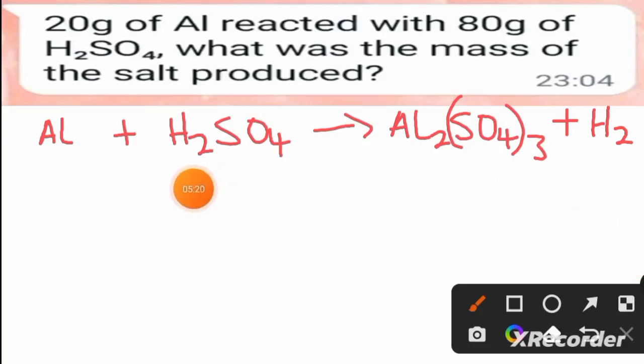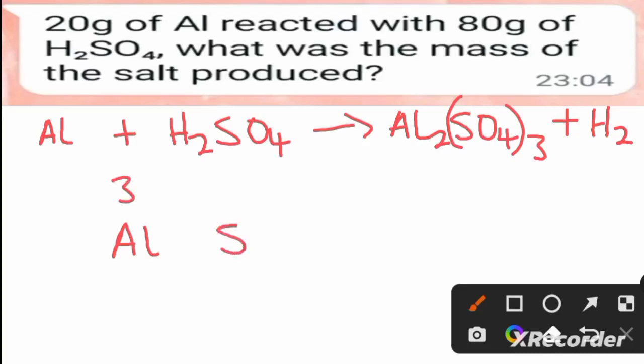Let us consider each and every element in this chemical equation. We are going to start with aluminium. We have one atom of aluminium here and two atoms of aluminium here. Before we do something, just in case there are people who don't know where this chemical equation is coming from: aluminium is from group 3, hence aluminium has valence 3.